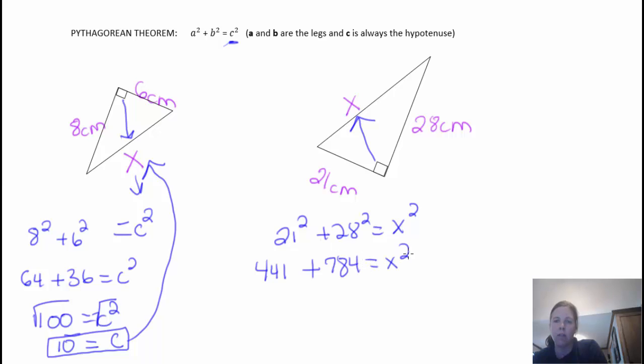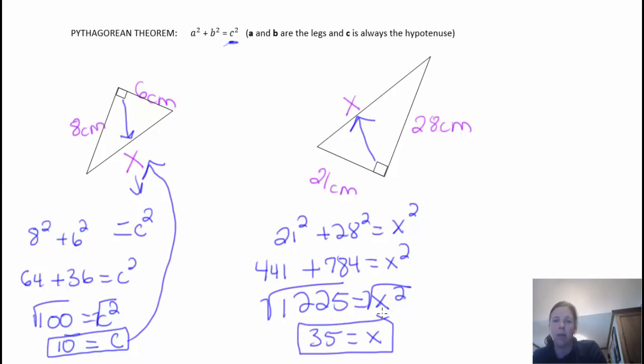You don't have to do it individually. So 784 plus 441 is 1225. And what people normally forget to do is to take the square root. They normally leave that, which ends up being wrong. So 35 equals x. Okay, so that is your hypotenuse right there.